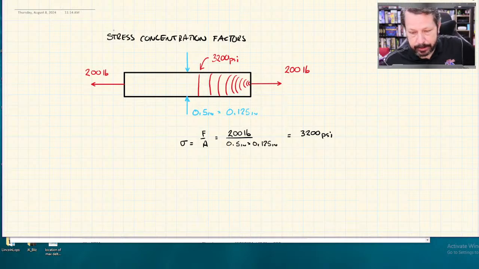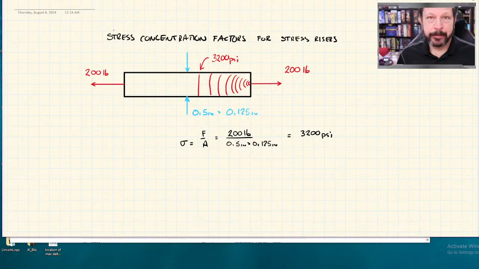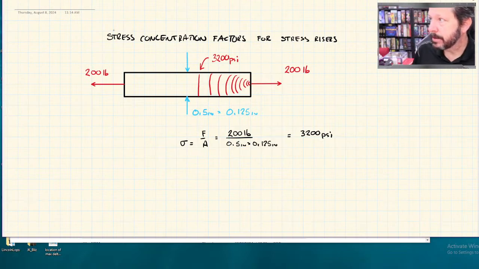Now, what I've drawn here is more like the effect of having a point load applied at a single infinitely small point. But what we're going to talk about as far as our stress concentration factors is the idea of stress risers.